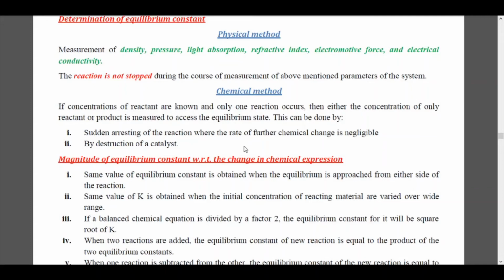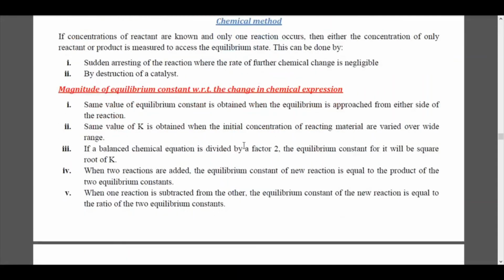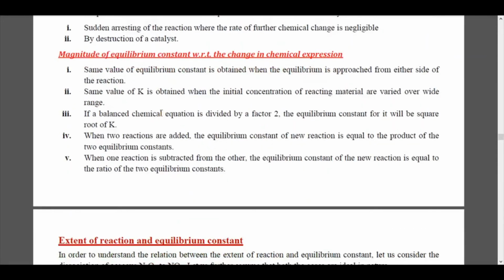Suppose a catalyst is employed in the reaction, we can use a passive method to destroy the catalyst so that the chemical reaction is stopped, and we can measure the concentration of either the reactant or the product, and from the concentration of the reactant and product we can determine the equilibrium constant.